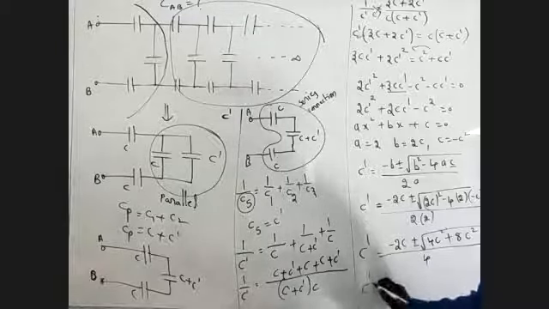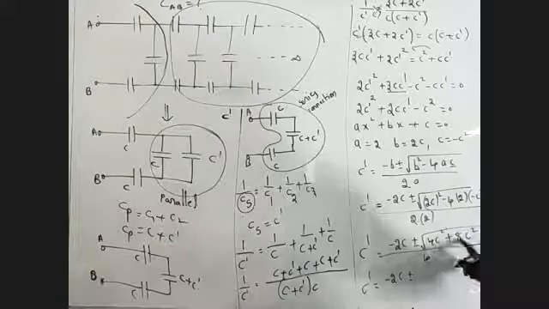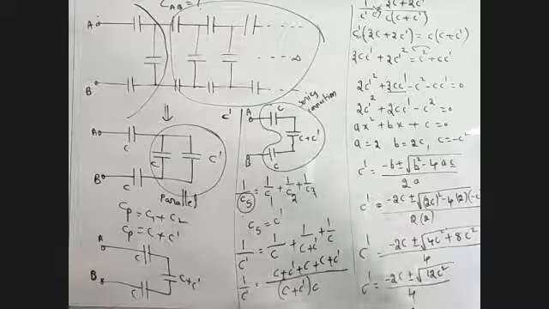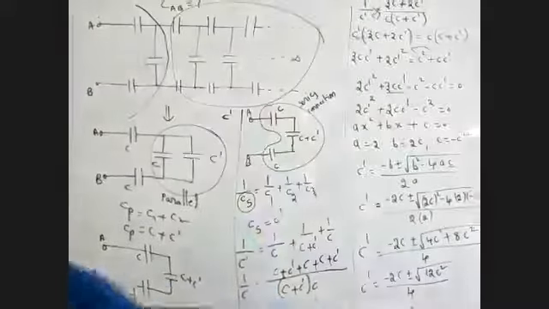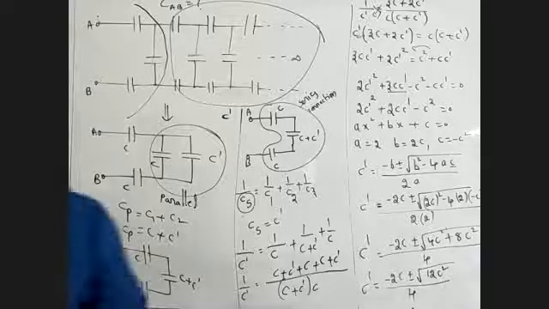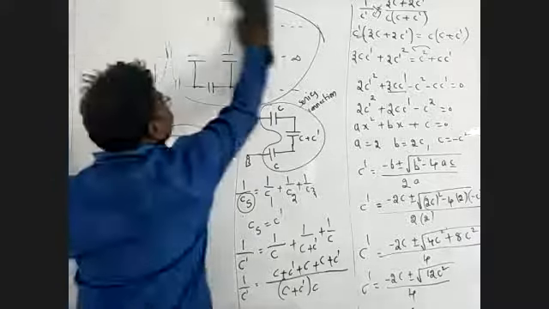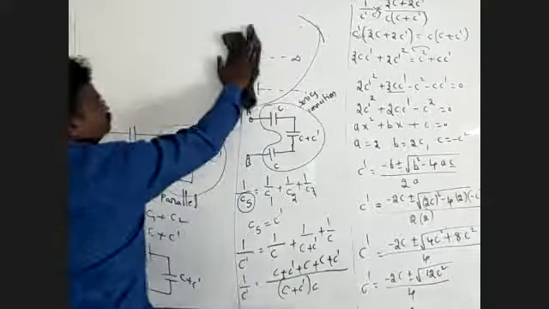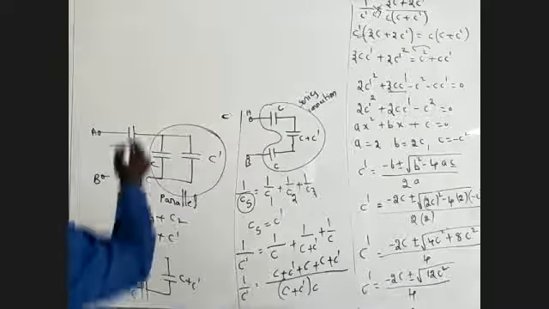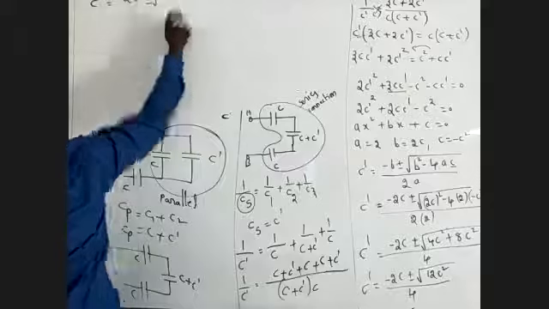Next, C' is equal to minus 2C plus or minus root of 4C squared plus 8C squared, that value is 12C squared, by 4. C' is equal to minus 2C plus or minus root of 12C squared.